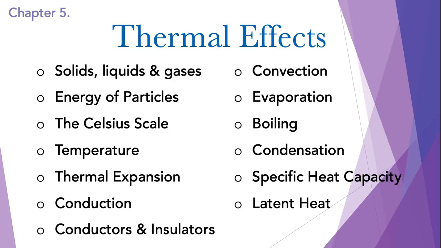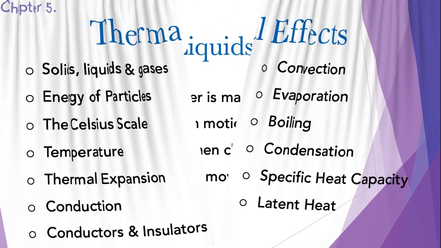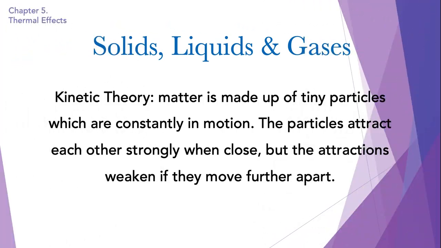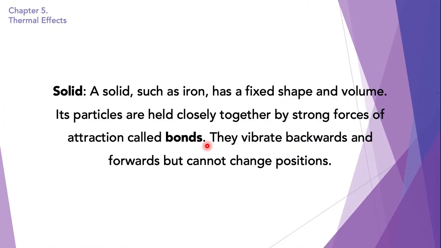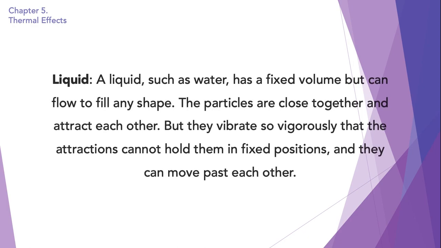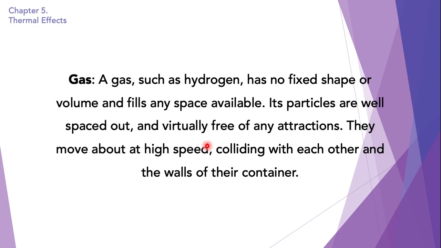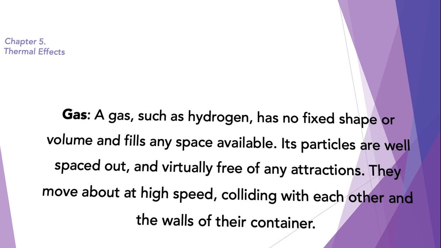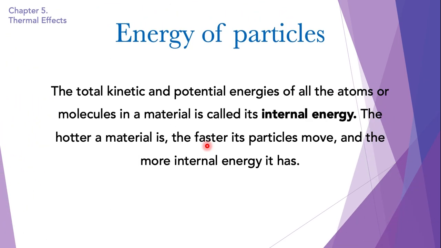So in this chapter, we learned about solids, liquids and gases. One by one we understood the structure of solids, the structure of liquids, and the structure of gases. After this, we understood the energy of particles, the total kinetic and potential energy of all the atoms or molecules in a material, and this energy is called internal energy.